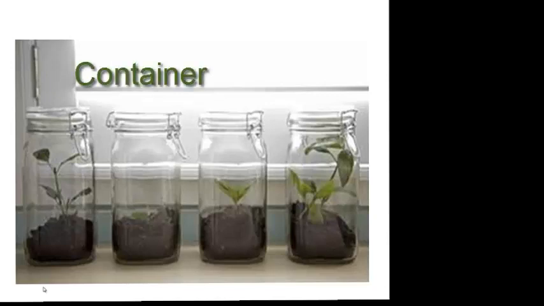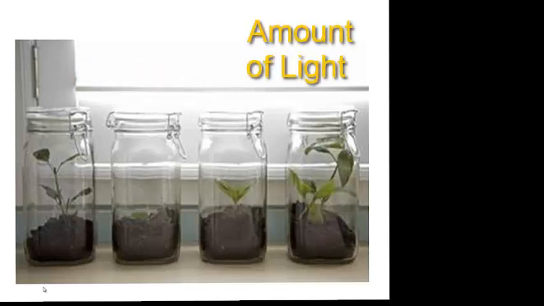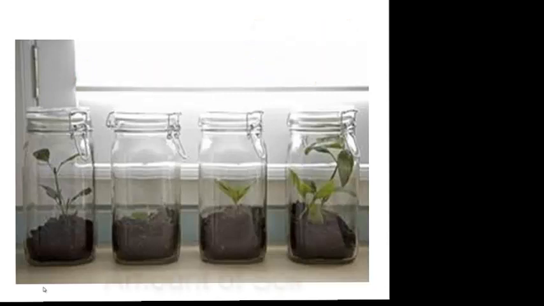Well, the container, they're all the same. The amount of light, they're all by the same window. The amount of soil looks about the same. These are all the things given to each container as a way to control the experiment. So light, temperature, the amount of water, all of these could be typical control variables.